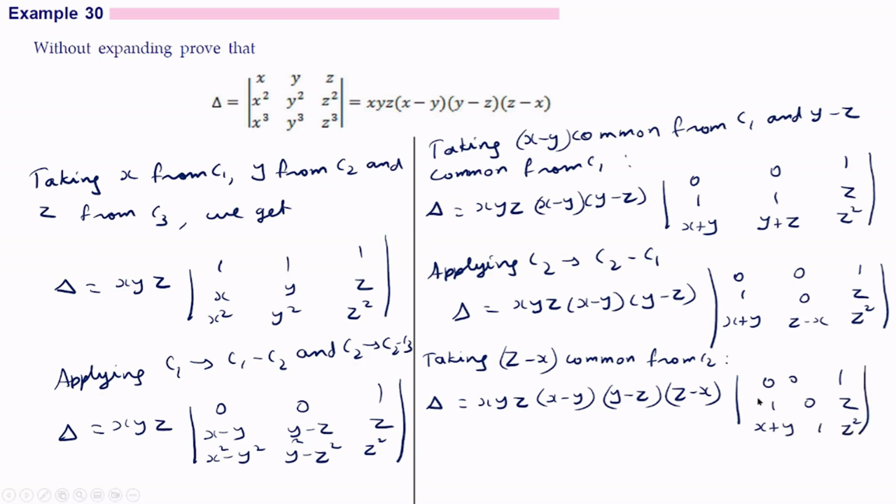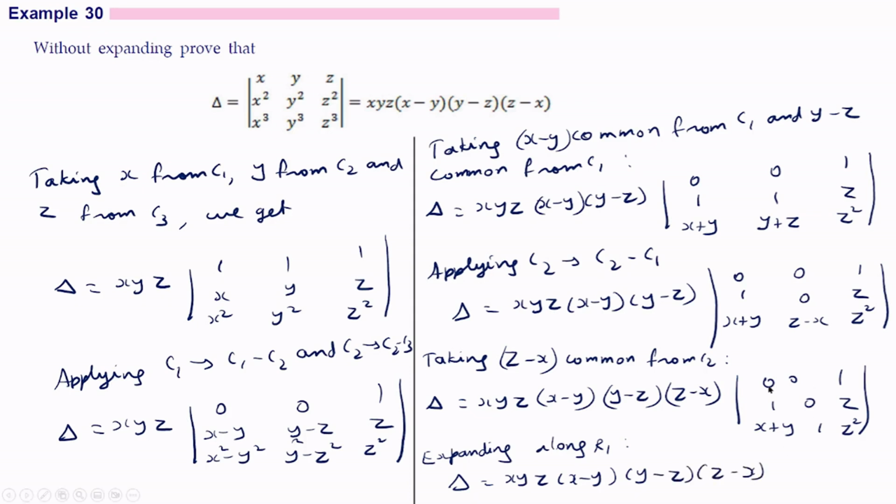Now we can expand along R1. Expanding along R1, we get delta as xyz into x minus y, y minus z, z minus x.